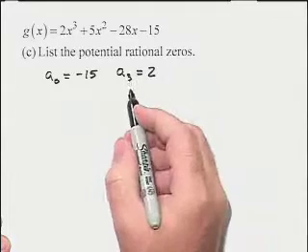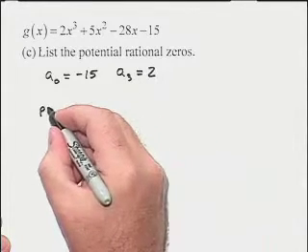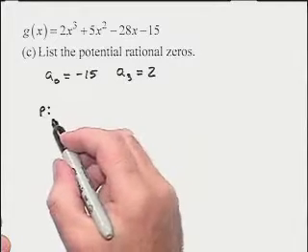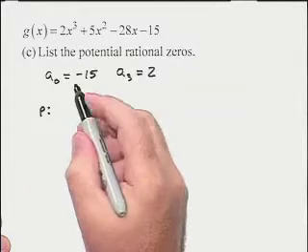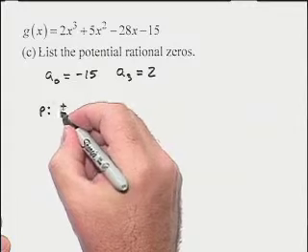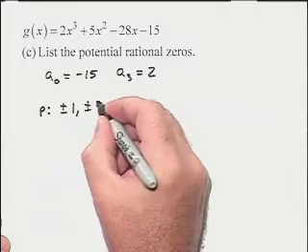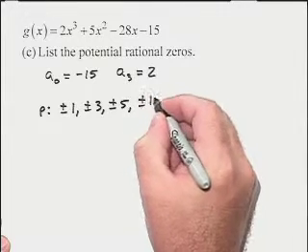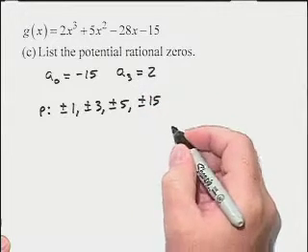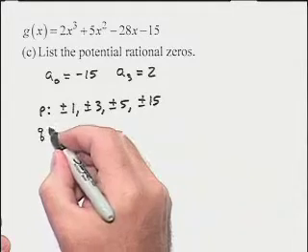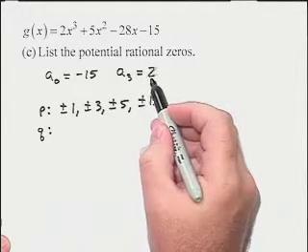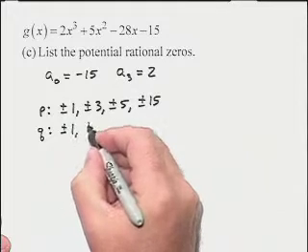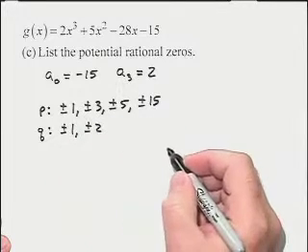To find the potential rational zeros, we first find the integers p that are factors of a sub 0. So we get p is plus or minus 1, plus or minus 3, plus or minus 5, and plus or minus 15. Then we need integers q that are factors of our leading coefficient 2. So q will be plus or minus 1 and plus or minus 2.